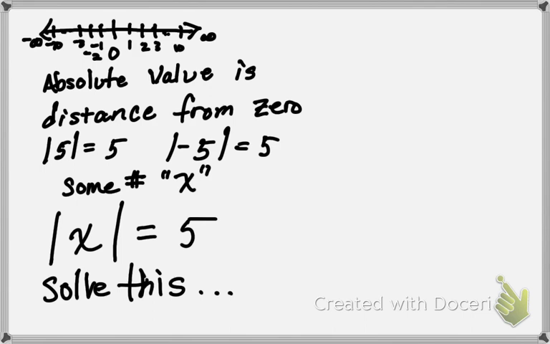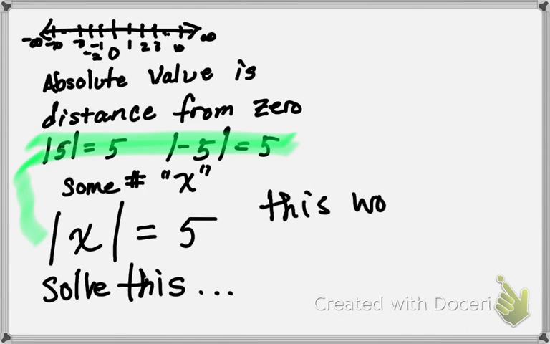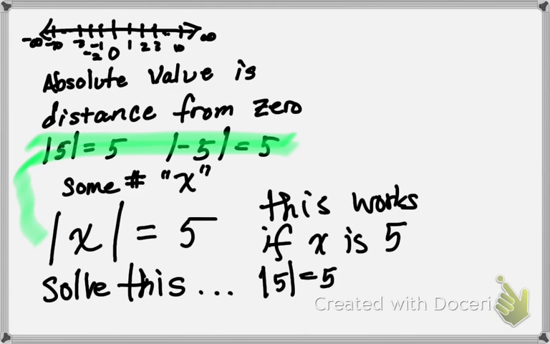And you can see, if we go right back up to what I just did, this equation is going to work if x is 5, obviously, because the absolute value of 5 is 5, and I get 5 equals 5.